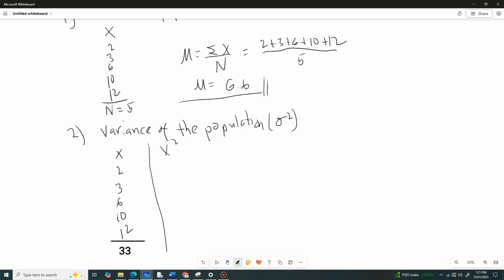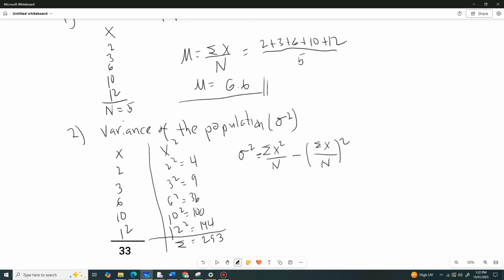So we will raise to 2 the following given. 2 raised to 2 is 4. 3 raised to 2 is 9. 6 raised to 2 is 36. 10 raised to 2 is 100. Lastly, 12 raised to 2 is 144. And then we will get the total, or the summation, which is 293.